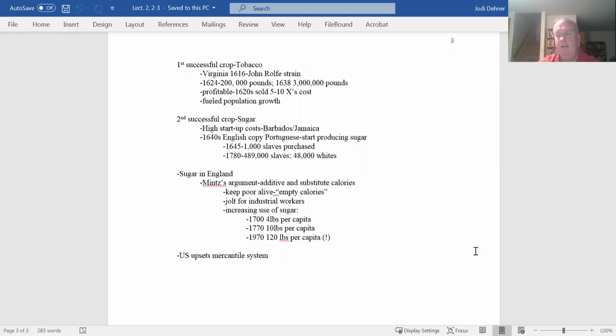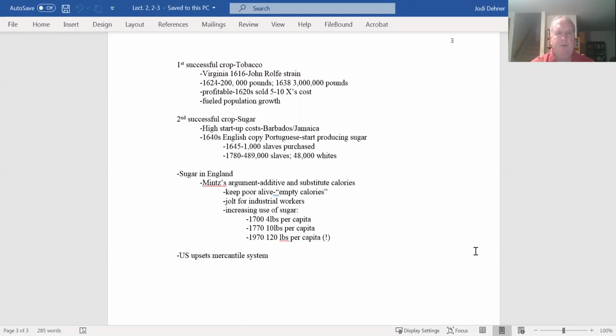sugar. And these figures come from a marvelous book by Sidney Mintz called Sweetness and Power. Mintz charts the use of sugar in Europe, which first starts off as a medicinal thing, and then it becomes something that only the wealthy have, and then it becomes something much more as sugar production increases. His argument is that the sugar that becomes a major component of people's daily life is not empty calories.